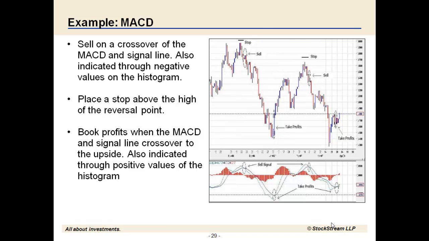In this example, because we are looking for selling opportunities, we will sell a crossover of the MACD and signal lines that generates negative values on the histogram. The stops for this trade can be placed above the highs formed before the reversal. Profits can be booked when the MACD and signal lines cross over, again to generate positive values on the histogram.